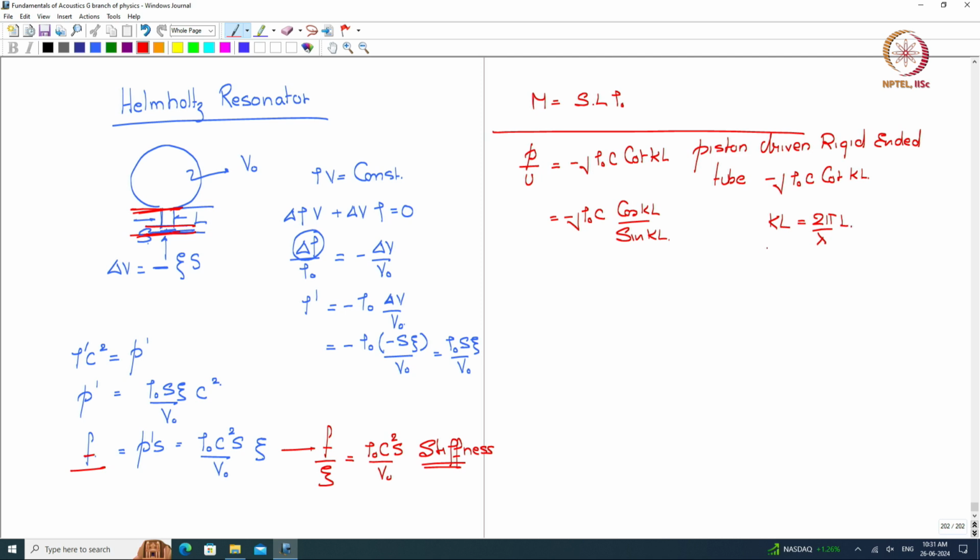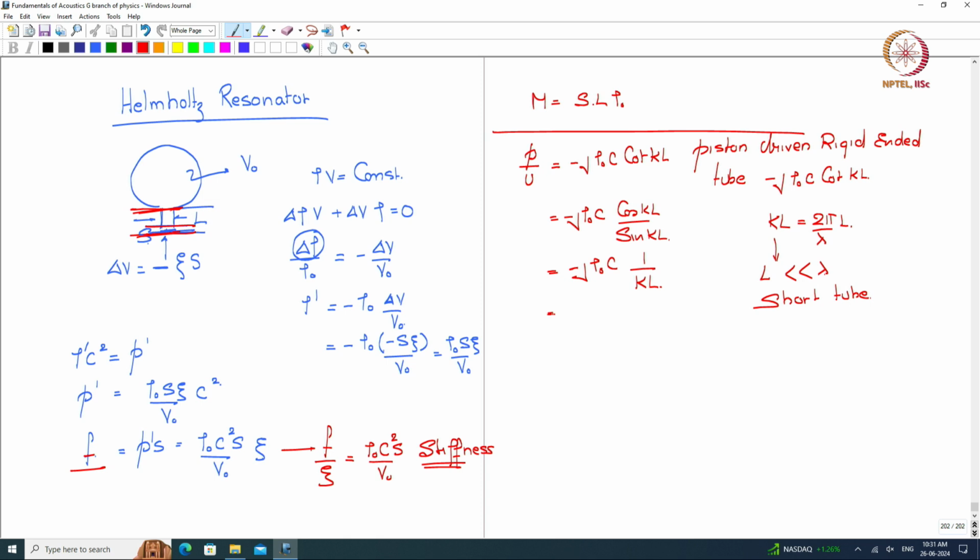So if KL goes down, if the KL value is reduced, that means L is small compared to lambda. Okay, so this is a short tube. Under such conditions we get minus j rho 0 c, where cos KL approaches 1, whereas sin KL approaches KL.